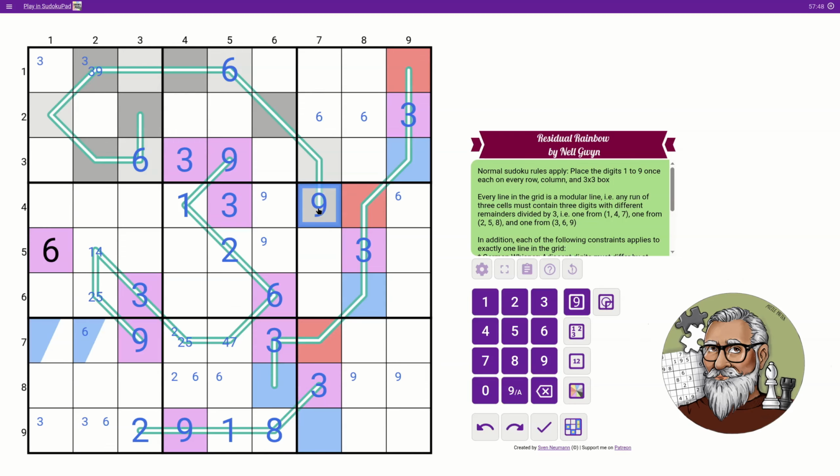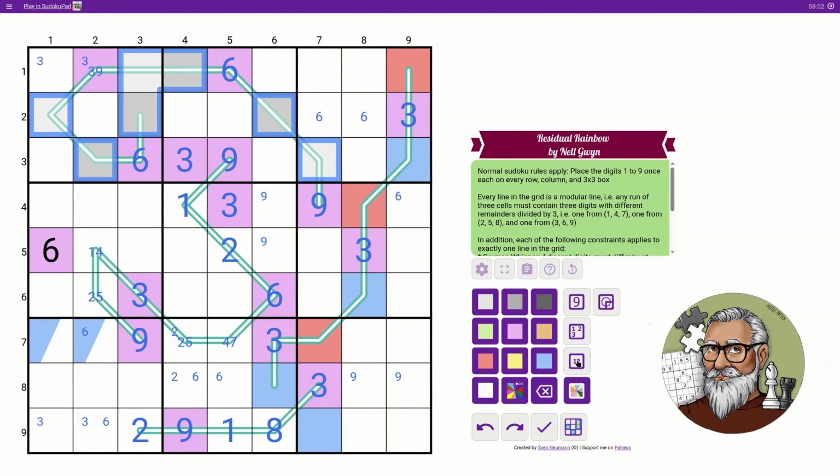See, this is interesting. This is interesting. Right. I'm not sure how it's interesting, but we'll figure that out. That's 9 as well, which means that that's 9 as well. Right.